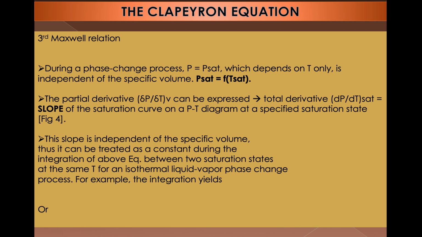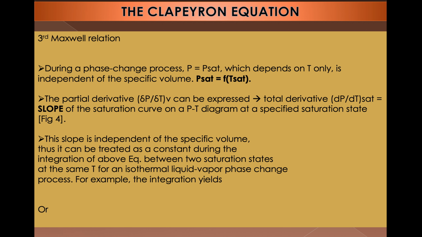This means that during a phase change process from one phase to another, it depends on the temperature, and the partial derivative (∂P/∂T)v can be expressed as the total derivative (dP/dT) saturated, which equals the slope of the saturation curve on the PT diagram at the specified saturation state.